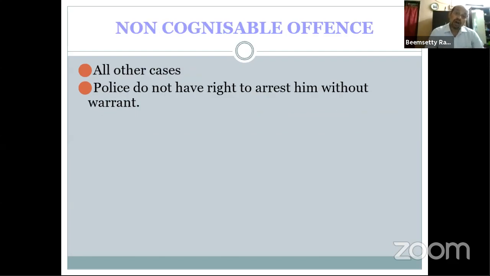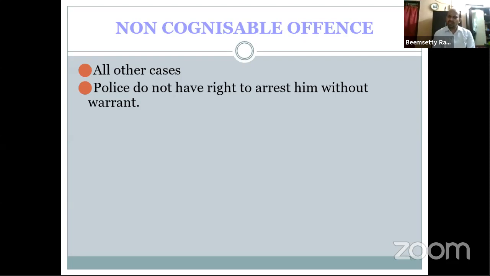Then non-cognizable offense. Already told, non-cognizable means you need a warrant for arresting that person. Here, all other cases apart from cognizable offense, whichever are not included in the cognizable offense, will be dealt with as non-cognizable offense. In this, police do not have a right to arrest any person without warrant.